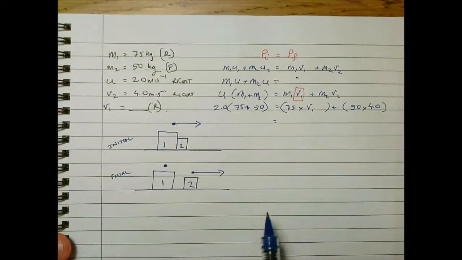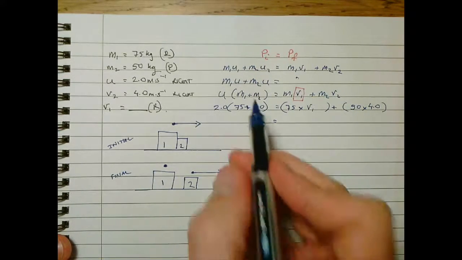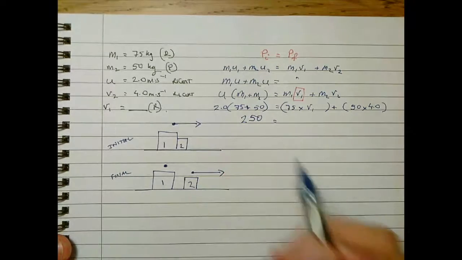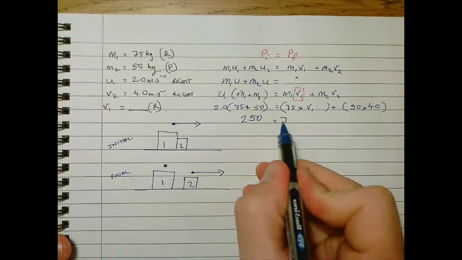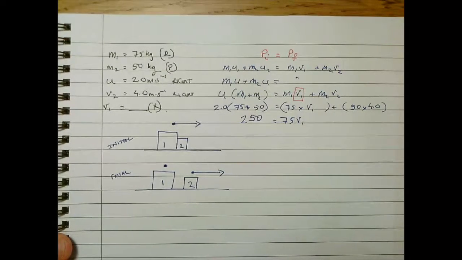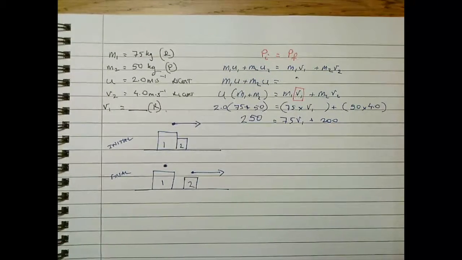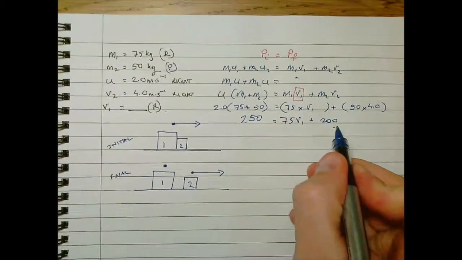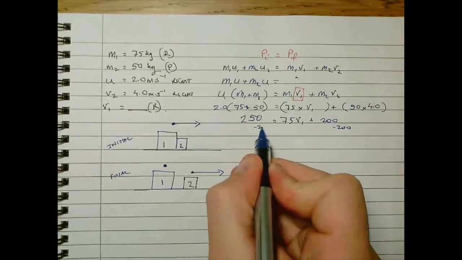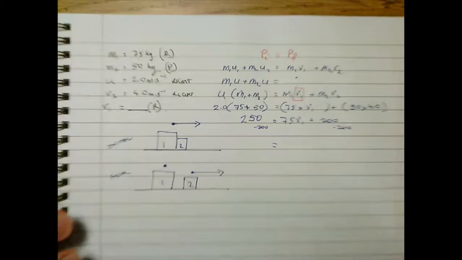By solving on the left-hand side and expanding that out, we end up with 250. We're left with 75 multiplied by our final velocity of object 1, and that adds to 200. Now I'm going to subtract 200 from either side, and we now have ourselves a basic two-step equation.